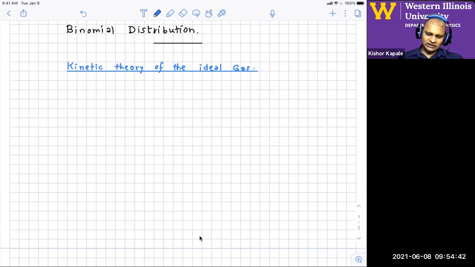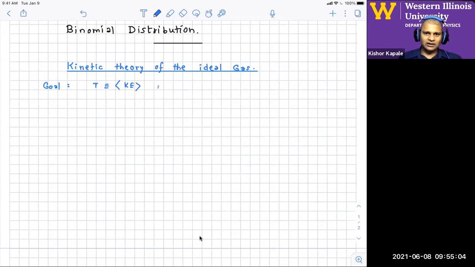Okay, so what is our goal here is to understand the temperature as the average kinetic energy of the particles, the energy of each particle, all of them added together for a gas.